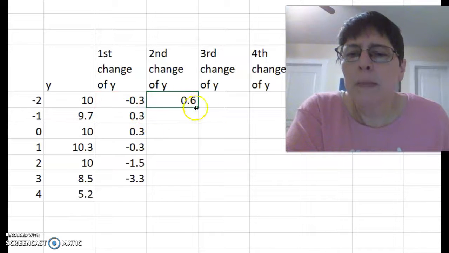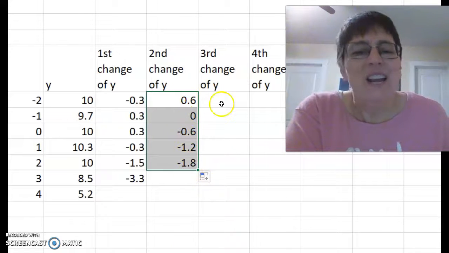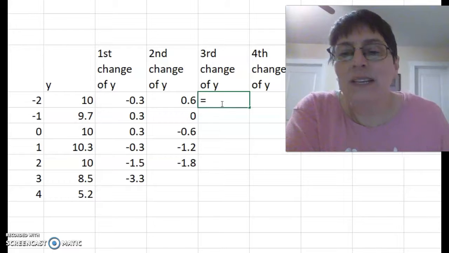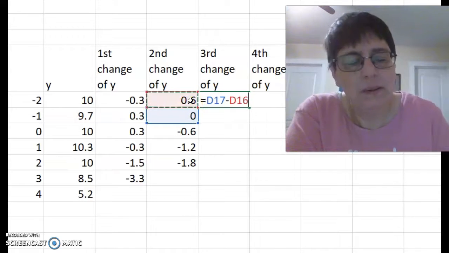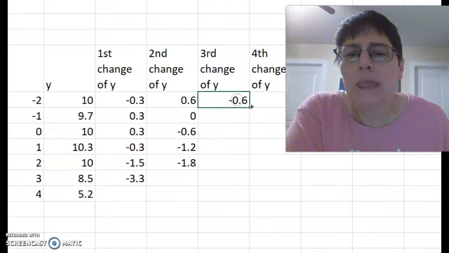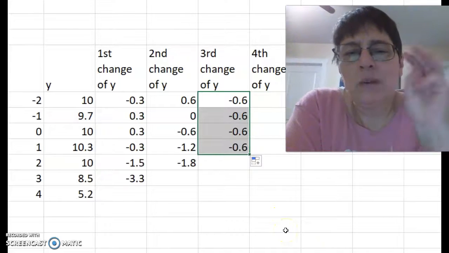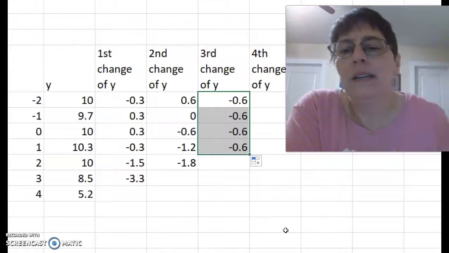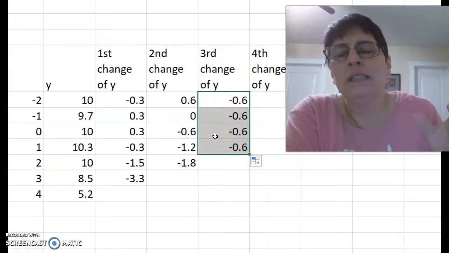Pull it down. Almost looks like a linear equation. Equals bottom minus top. Pull it down. Alright, so we went 3, change of 3, to get to where it was actually constant.